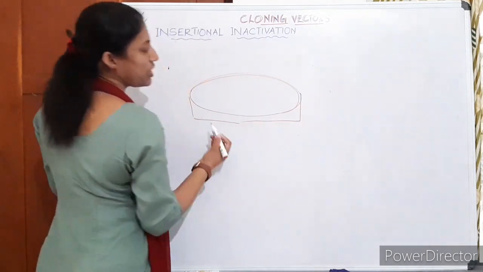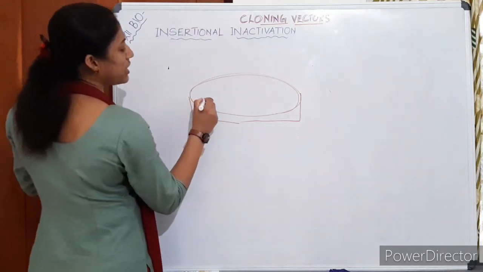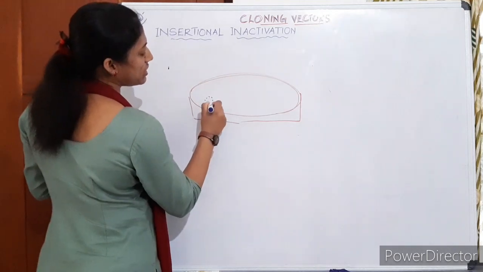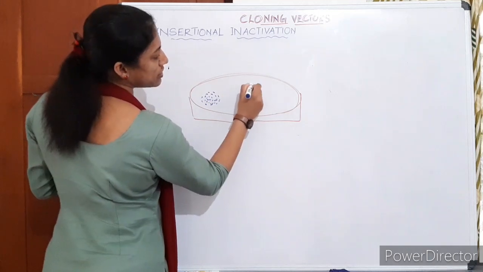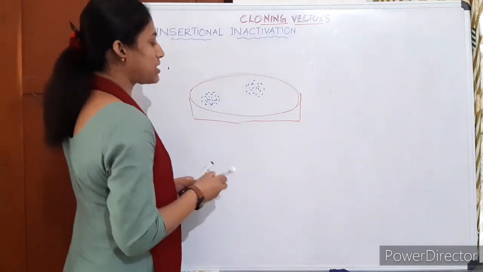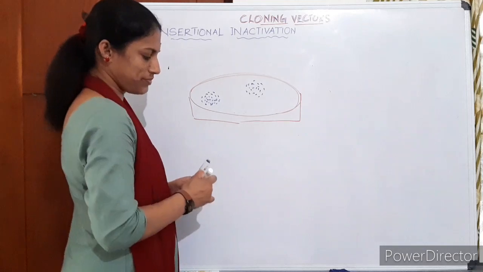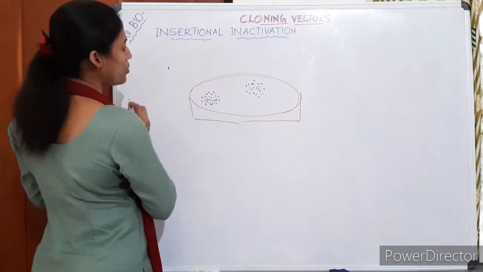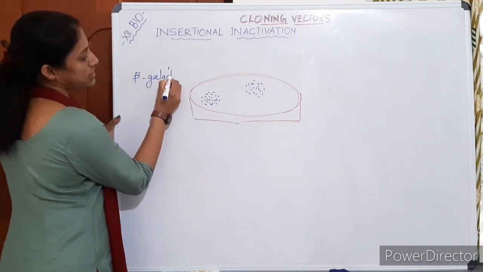Imagine, here you can see certain bacteria producing blue colored colonies, whereas certain bacteria produce white colored colonies. So, listen, which are the bacteria producing blue colored colonies? See, the enzyme beta-galactosidase.